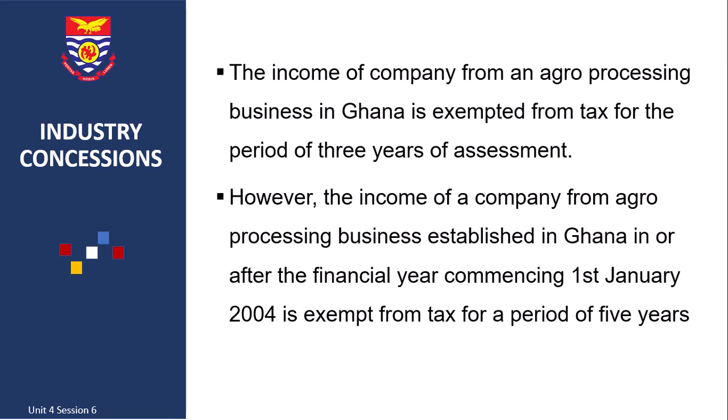So for an agro-processing business, it is exempt from tax for a period of 3 years of assessment. However, the income of a company from agro-processing business established in Ghana on or after the financial year commencing 1st January is exempt from tax for a period of 5 years.